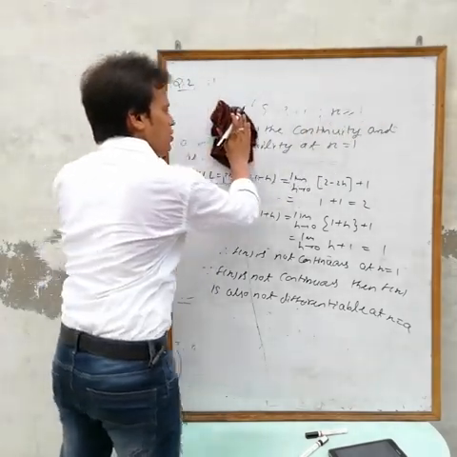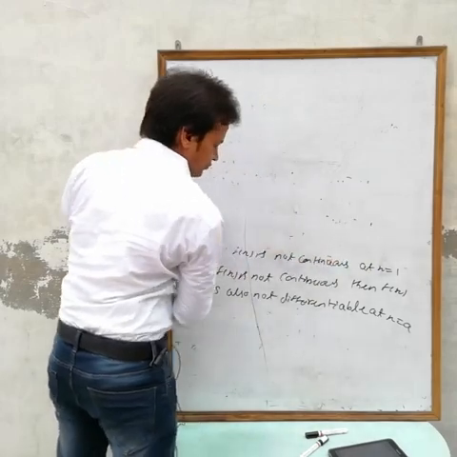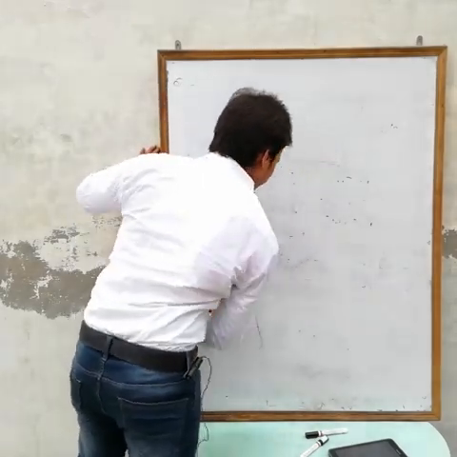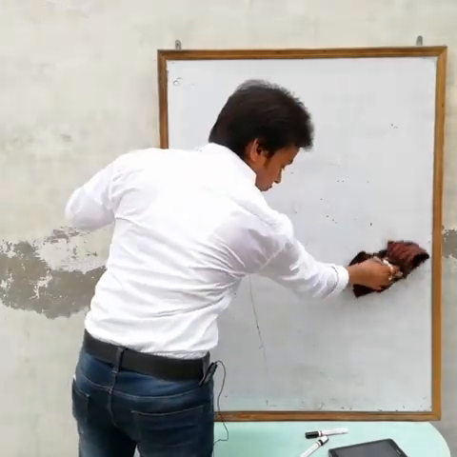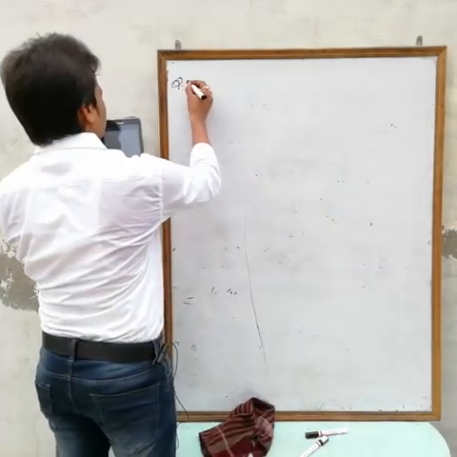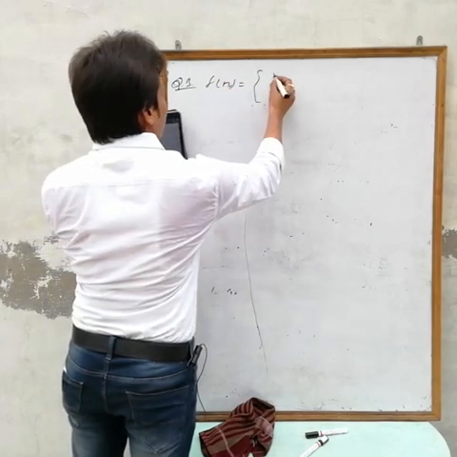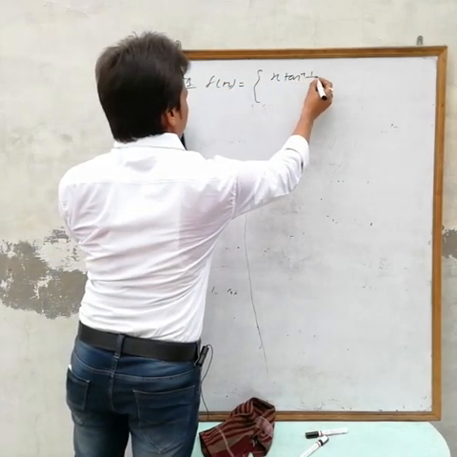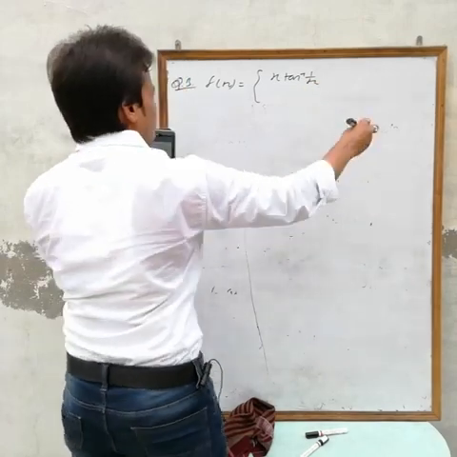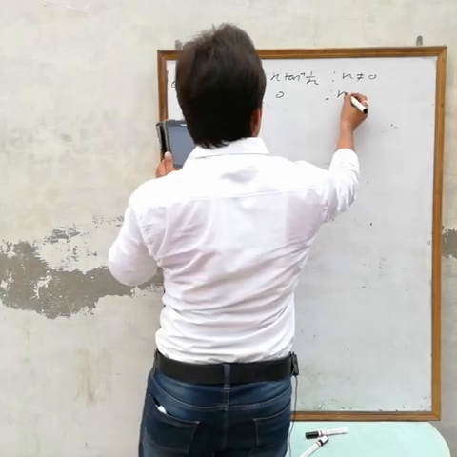We will write this in theory, but after some questions. Next, f(x) equals x tan inverse of 1 by x when x is not equal to 0, and 0 if x equals 0.